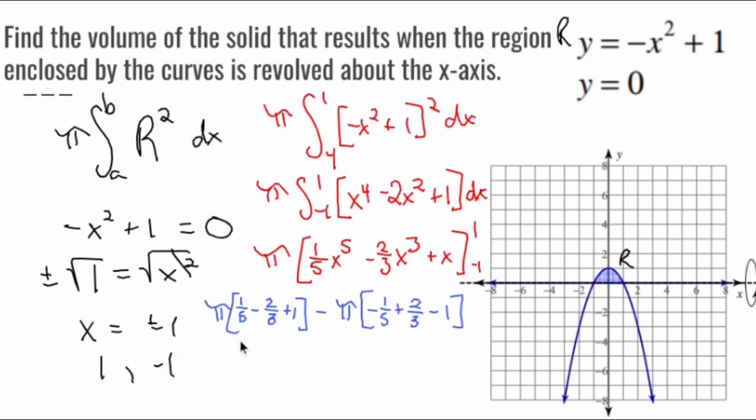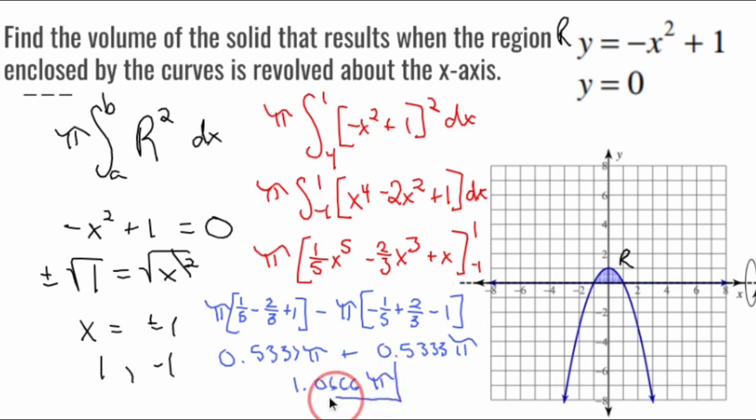That's no problem. 0.5333 pi plus 0.5333 pi is going to end up being 1.0666 pi. And that's the DISKS method. Fun, fun, fun.